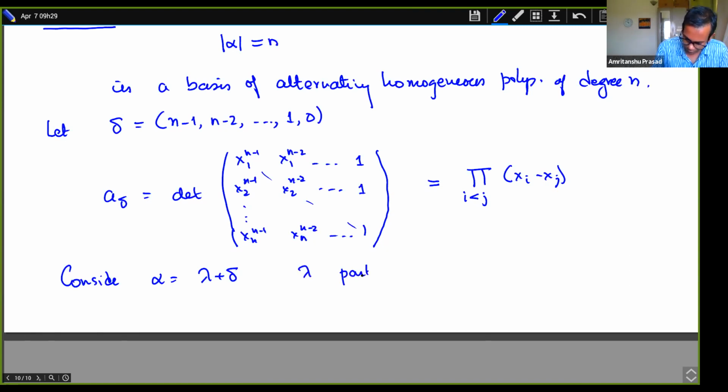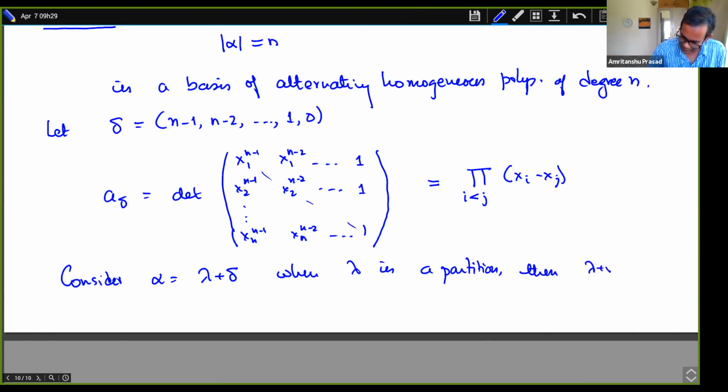So if we take this where lambda is a partition, then this is non-zero.